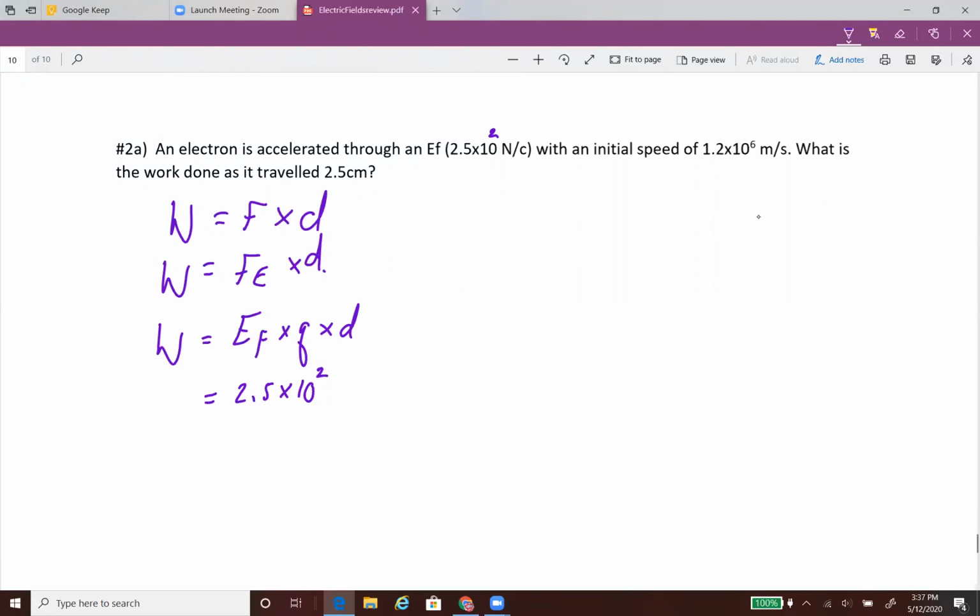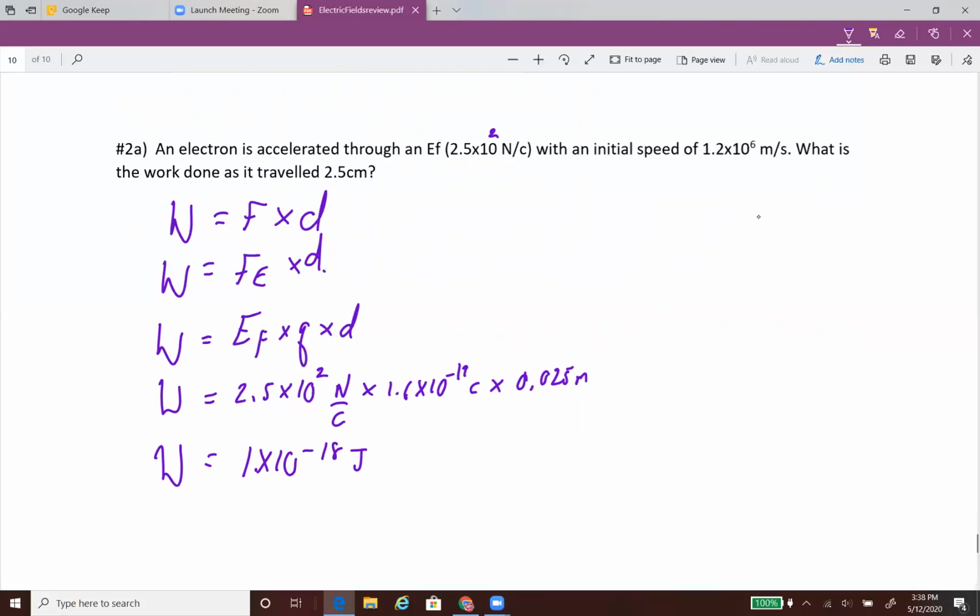So 2.5 times 10 to the 2 newtons per coulomb, times the charge of the electron, 1.6 times 10 to the minus 19, times the distance that it travels. It's got to be in meters. That would be the work, so about 1 times 10 to the minus 18 joules.